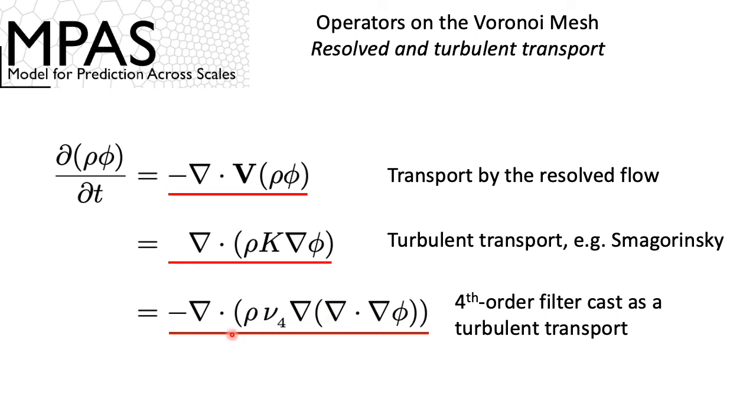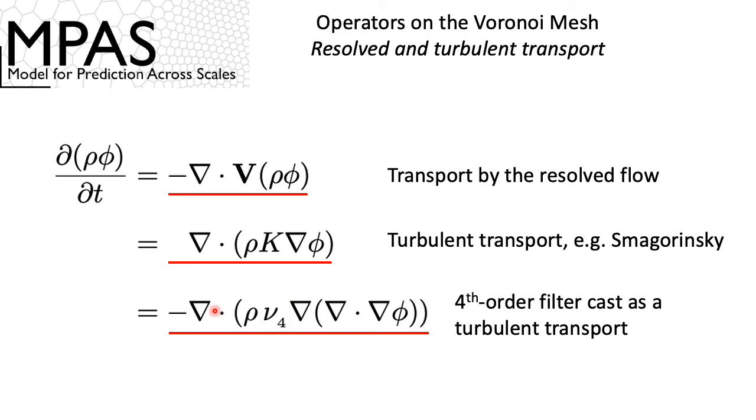Likewise, we also have a turbulent flux that's a fourth order flux for horizontal transport in MPAS. This is only a horizontal operator in MPAS, and that's where essentially we apply a second order del squared operator to the existing operator to come up with the fourth order operator.